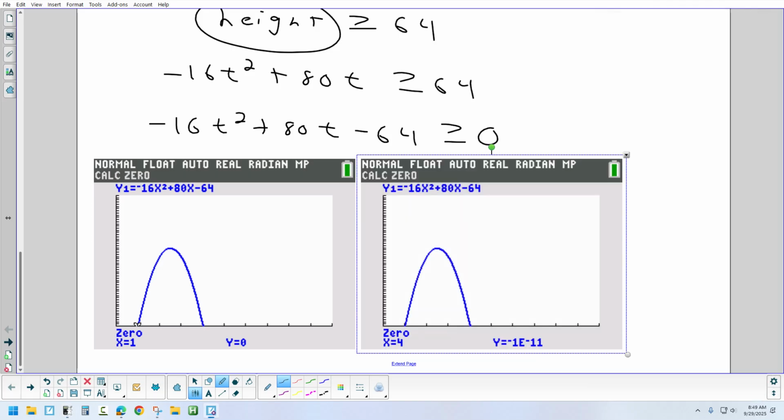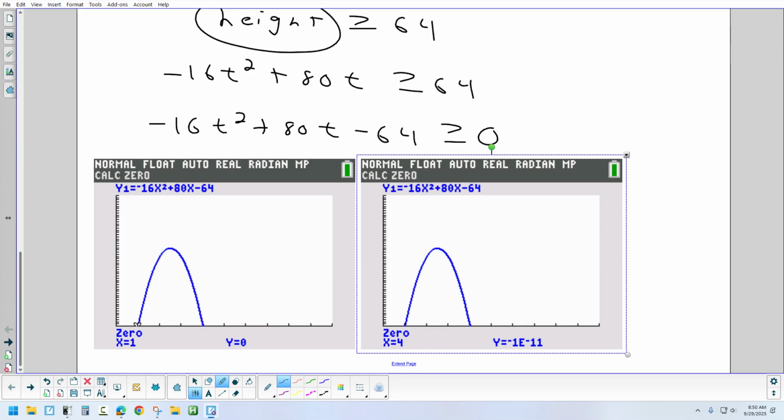So when is this object above 64 feet, based on what we just solved? At 1 in 4 seconds? Or, wait. It does have something to do with 1 in 4. Can you say that again? Just how you worded that?